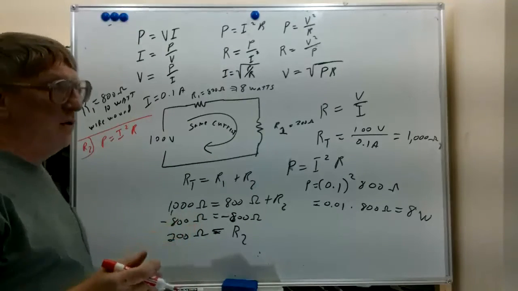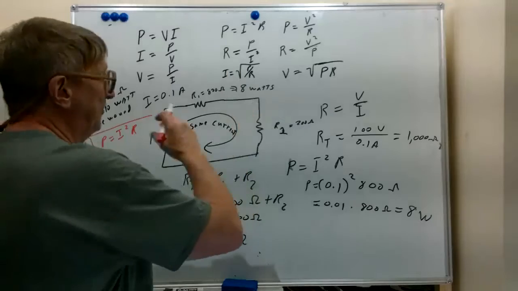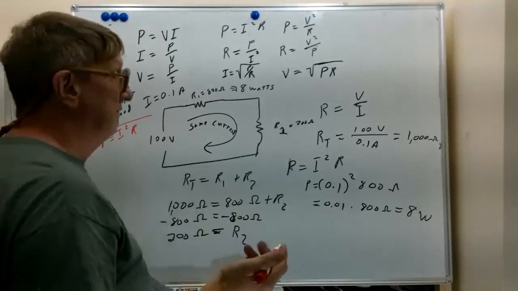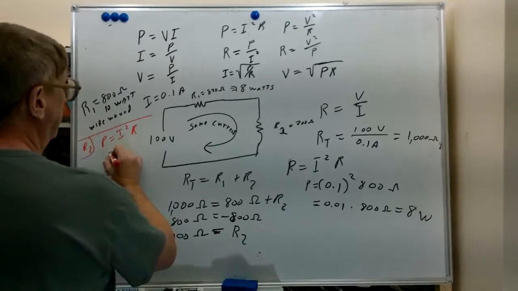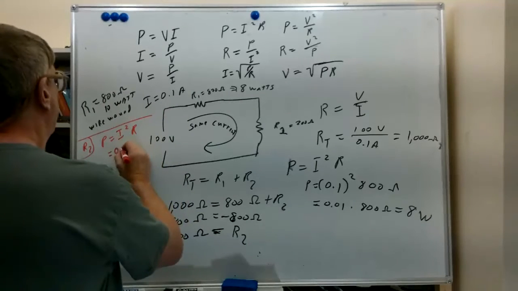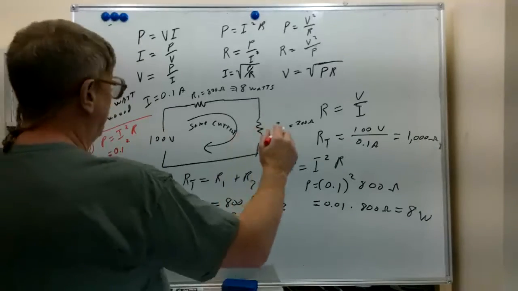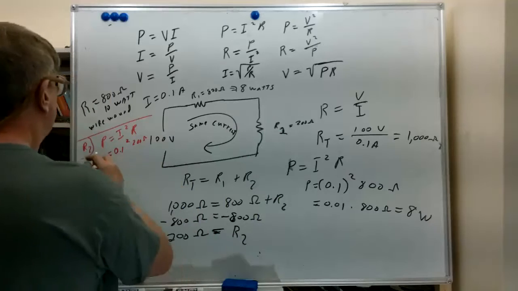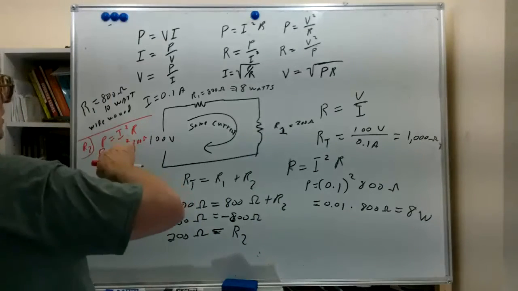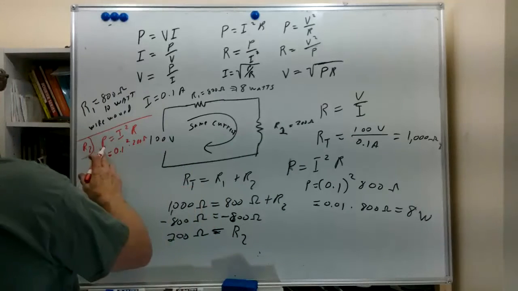The reason we're using the power formula is we need to know how much power this resistor has to be able to dissipate without failing. So we have the same current, 0.1 amps, which is squared. We have a different resistance now. We have 200 ohms.